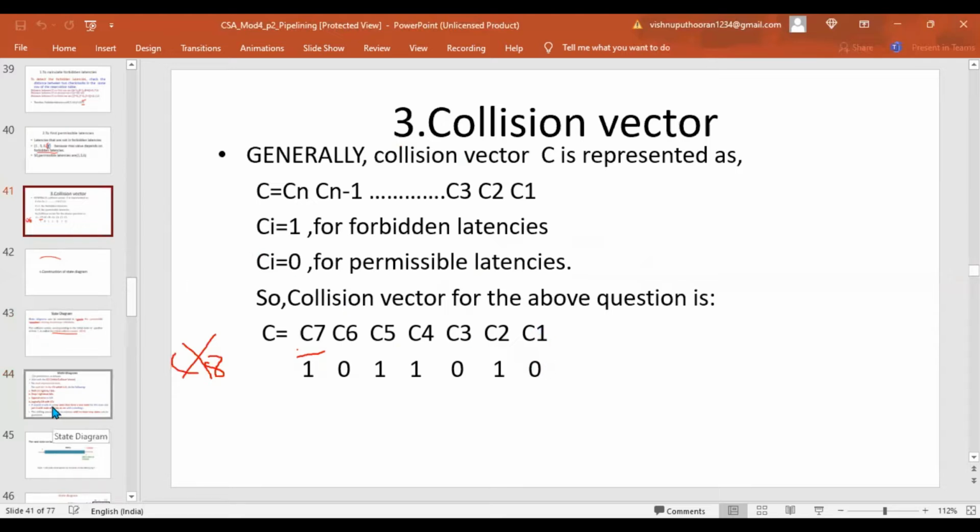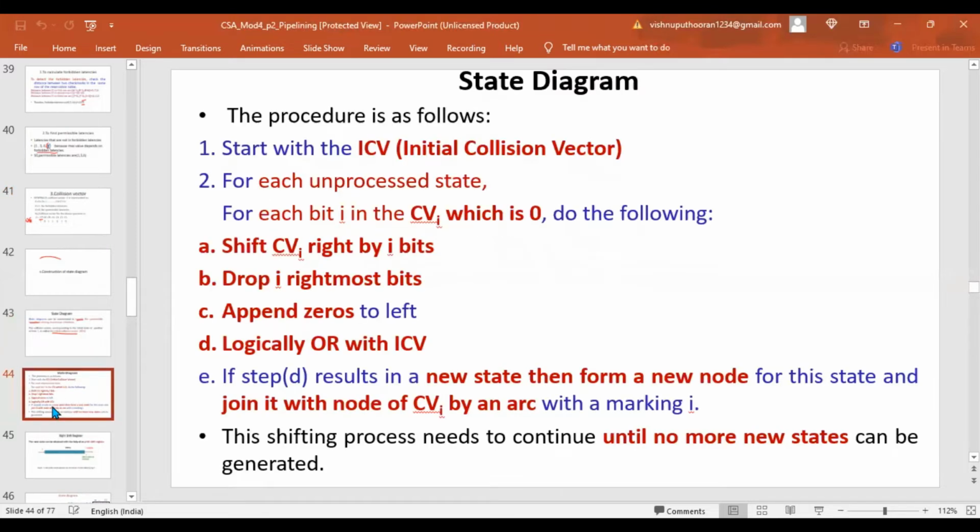In order to find the state diagram, we only need to consider the collision vector values which are 0. For each value 0, we shift the collision vector right by I bits. If we have 0 in the first bit, then shift the collision vector by 1 bit.